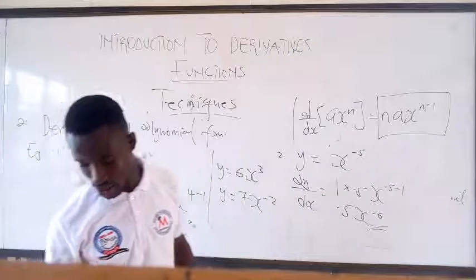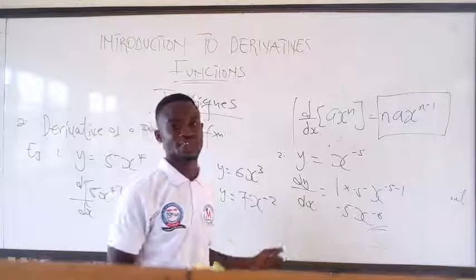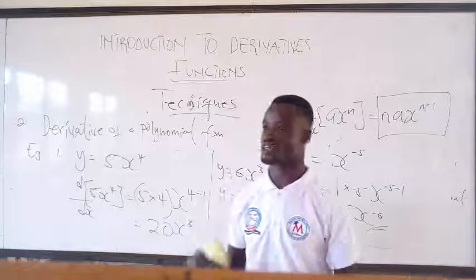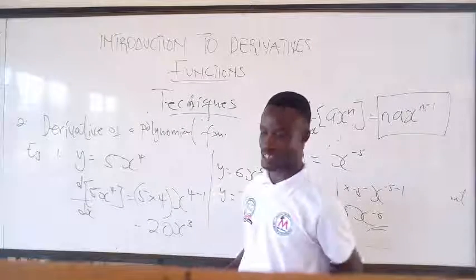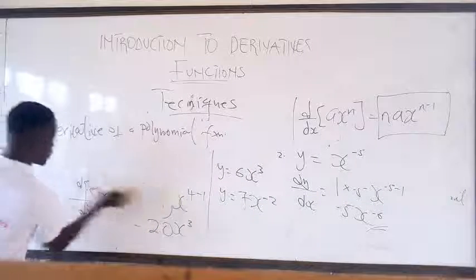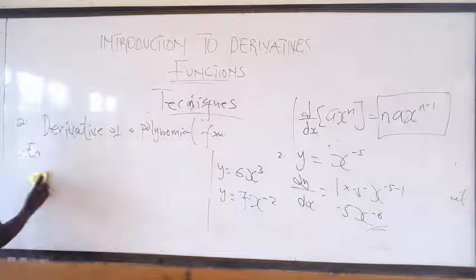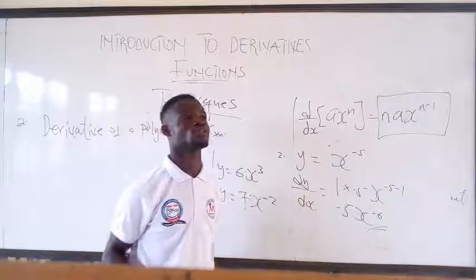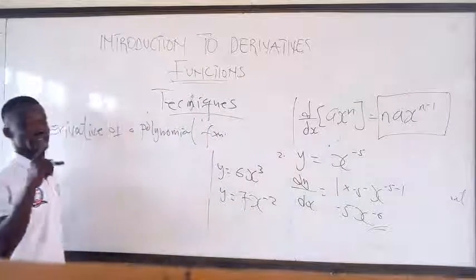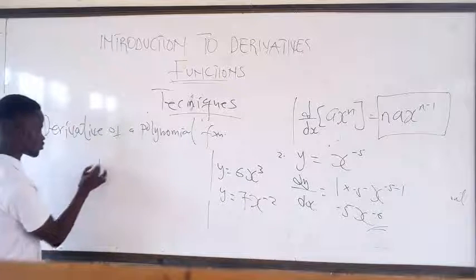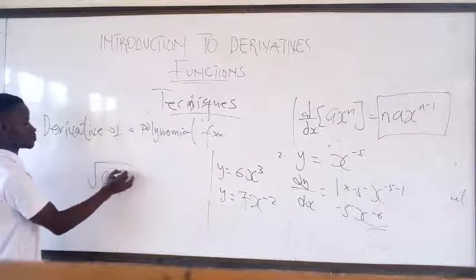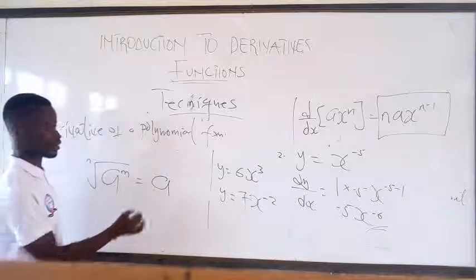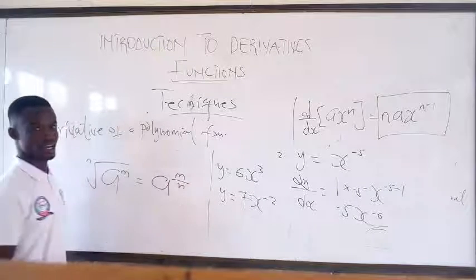So now let's see how we can take the derivative of a function in terms of square roots and cubic roots and others. And you will love it. Now, there is something that you don't have to forget in your indices, that something in this form is the same as a to the power m over n.